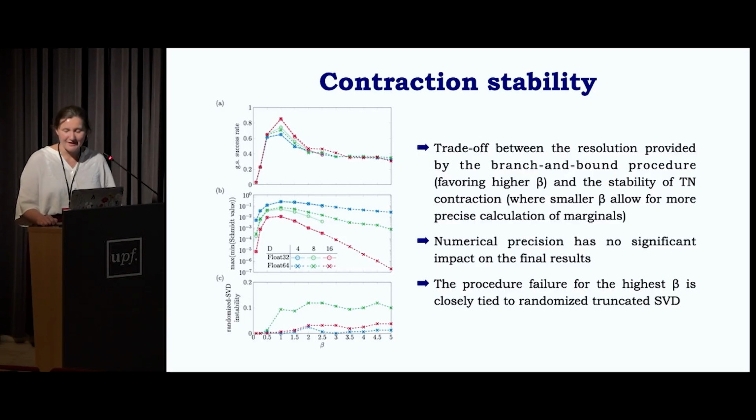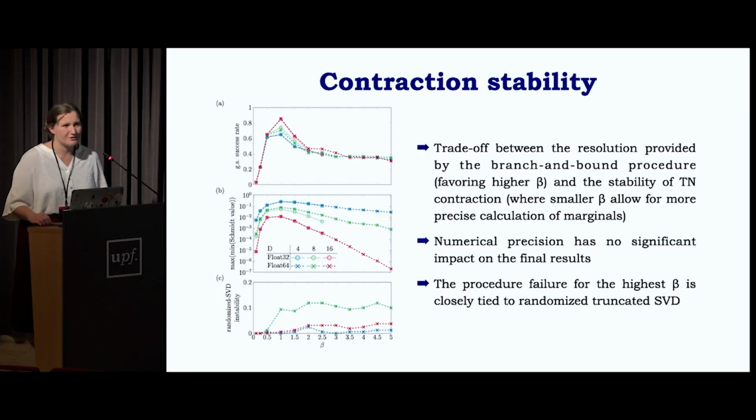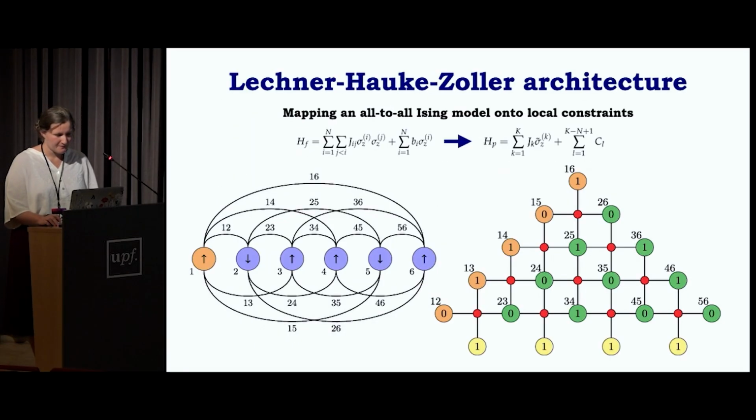However, it introduces some instabilities, so our variational MPS algorithm cannot fully converge. This is the only point in our algorithm which is, let's say, more random. So the main problem with our method is those contraction instabilities in those cases.